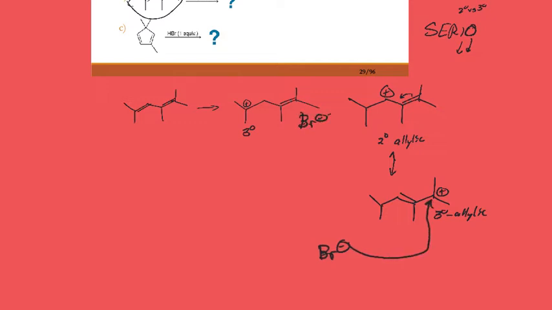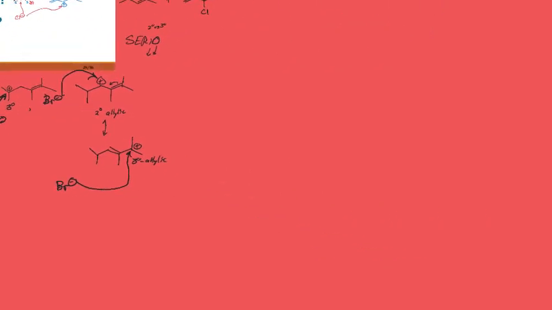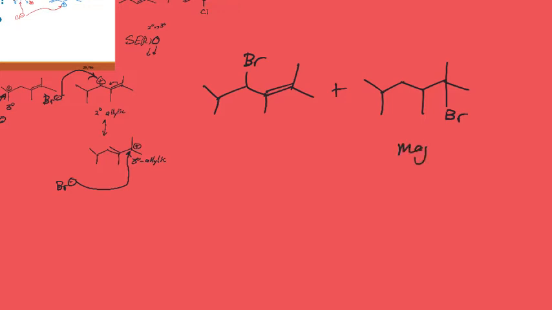Theoretically, it could also attack here. And it could also, I guess, attack there, but very much unlikely. So the two major products will be those two. And this will be the major, this will be the minor.